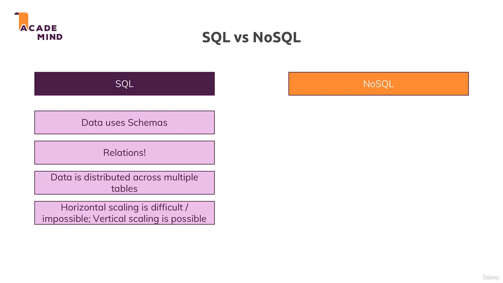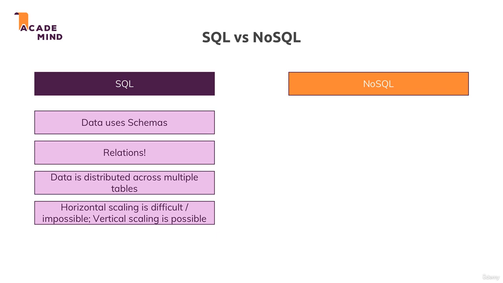You can, of course, add more servers, but running them all on one shared database is pretty difficult. Vertical scaling is easily possible. You can simply make your server stronger.